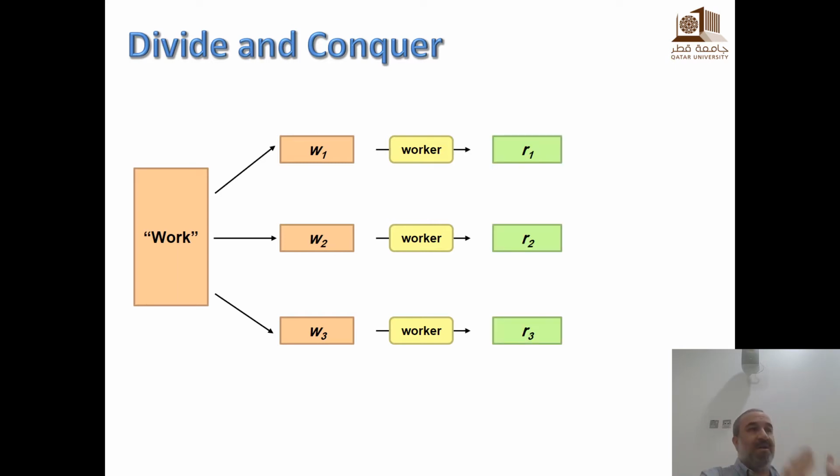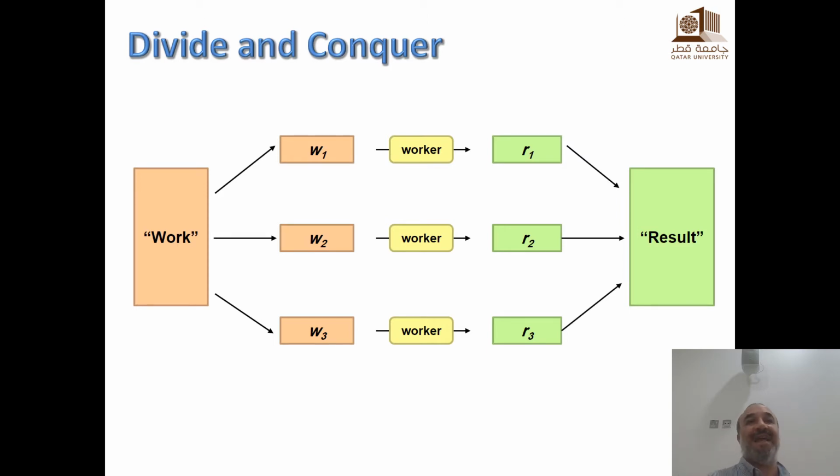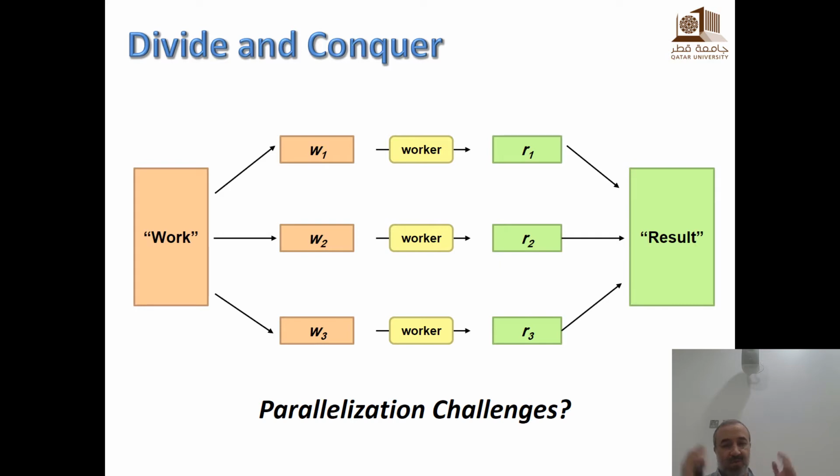This is analogous to dividing the problem into subproblems and then getting the solution of each subproblem. What remains is to aggregate these small pieces into the final result. So it's that simple. Okay, so that's divide and conquer. And I think the concept you already have studied before.